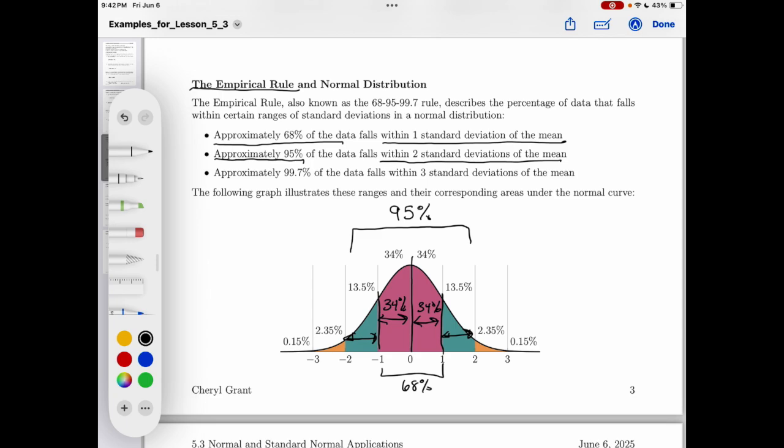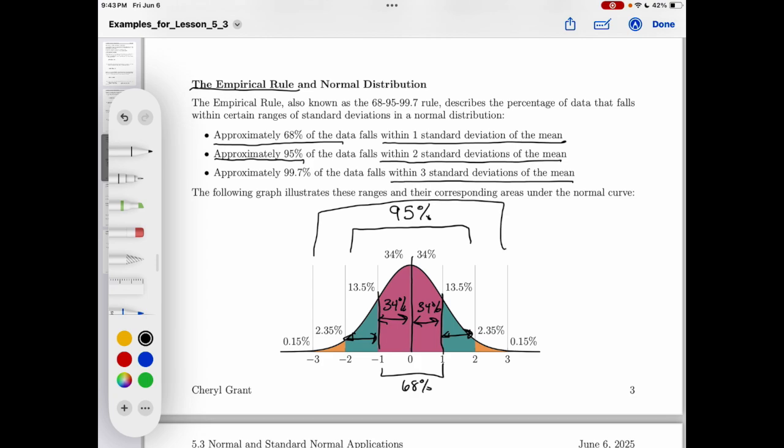And then from +1 to +2 is 13.5%. And then when you add that in with the 34 and the 34, that gives us a total of 95% from -2 to +2.